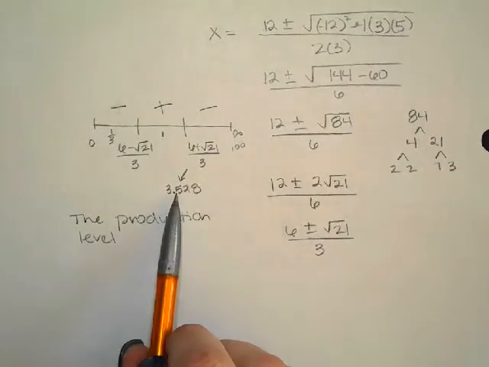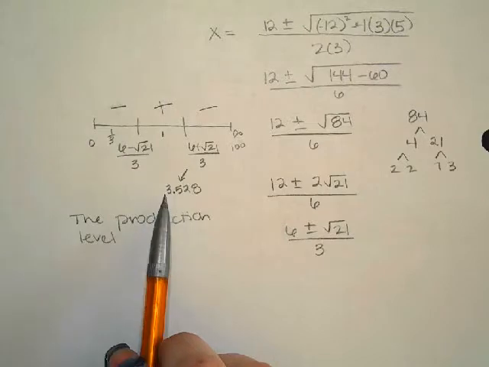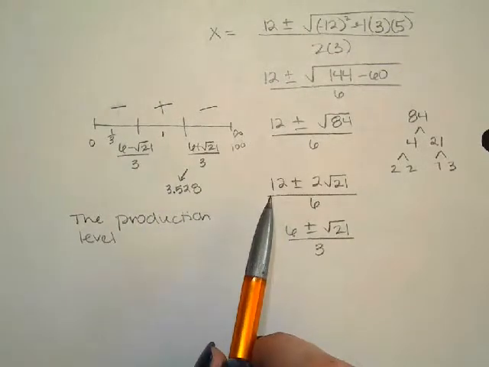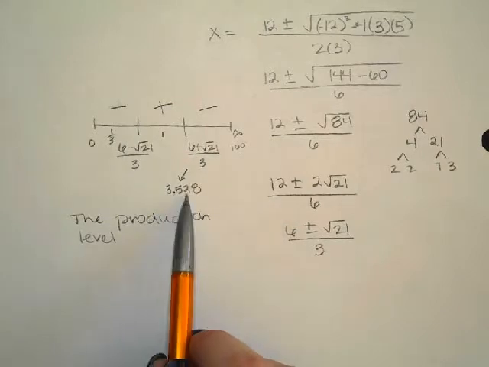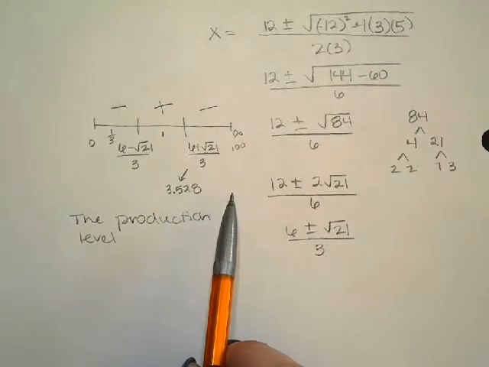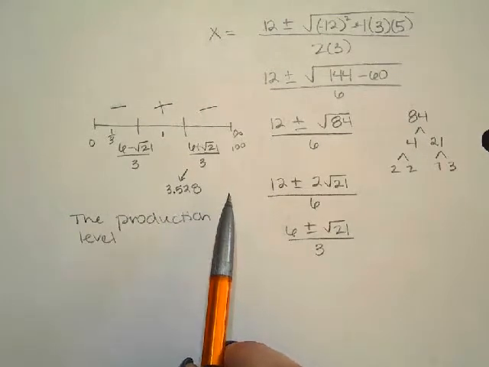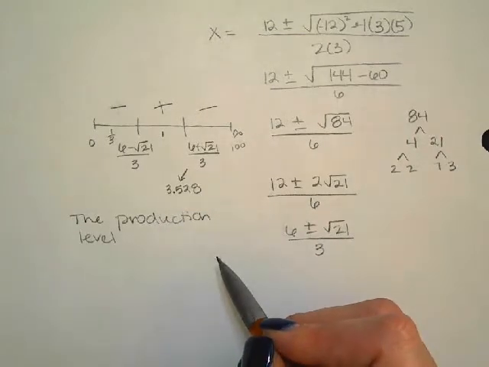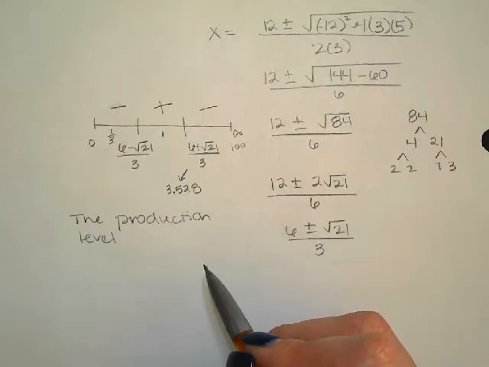So we can say the production level is maximized when we have 3.528 thousand units. Or you can move your decimal place over 3 times and say that many units. But that's not a normal math rule, so I'm not going to say that.